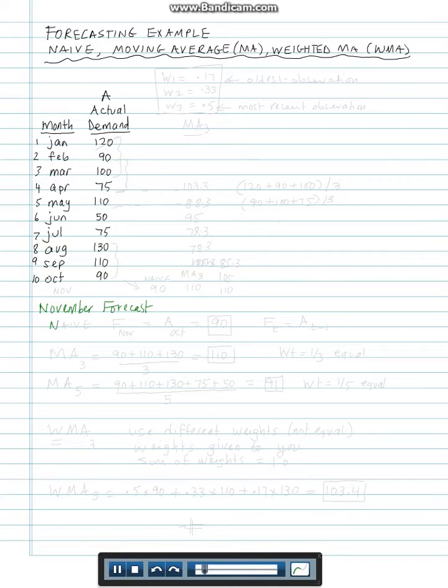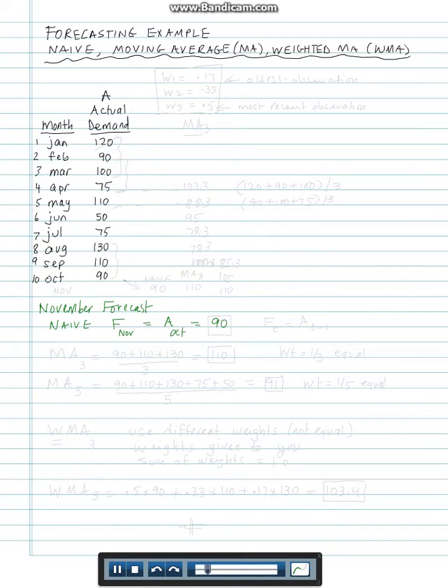And so if we're using the naive technique and we want to forecast November, the forecast F for November is going to be equal to the A for actual demand of the previous period, which is October. So that would be 90.